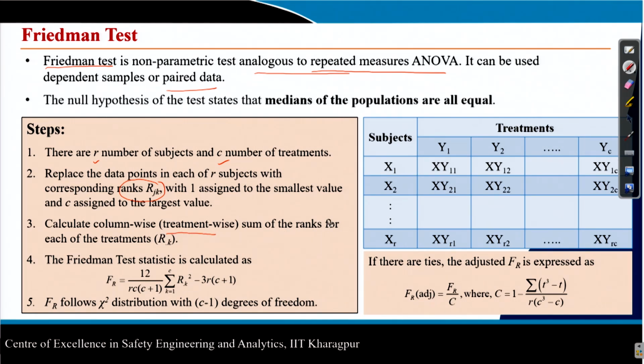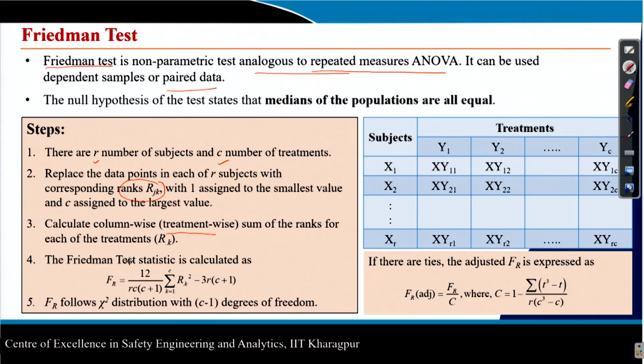Here, instead of summing the response values like in repeated measures ANOVA, you convert the response values to ranks, and after that you take the sum of ranks. That means the column-wise sum of ranks for each treatment.